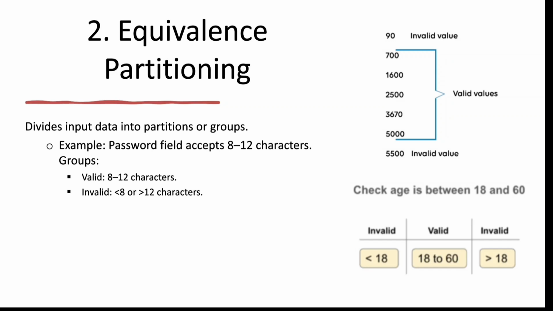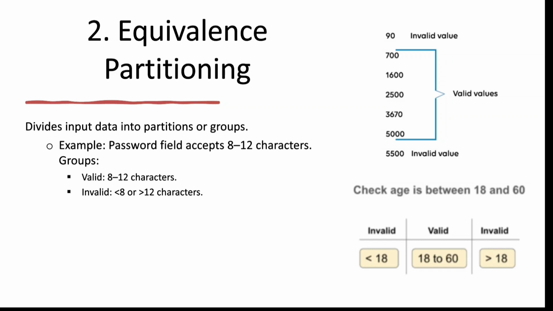Now another is the equivalence partitioning method. This method is similar to boundary value analysis, but there is a catch: here we use valid values and invalid values. Suppose there is a password field that accepts 8 to 12 characters.